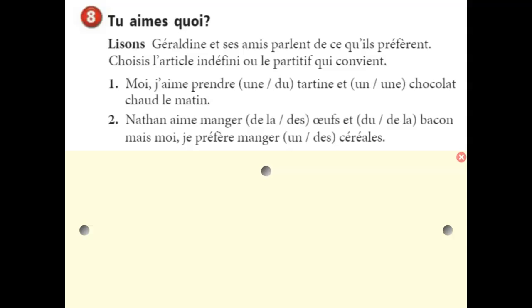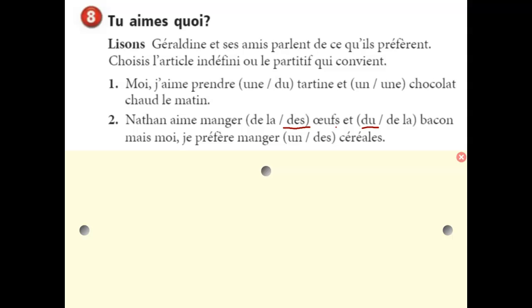So, Nathan aime manger des œufs, because œufs is plural. There's an S at the end of œufs, therefore we need a plural word in front of it. Et du bacon, that comes directly from your vocab sheet. You have du bacon. It's du because bacon is masculine, so we would use du rather than de la.